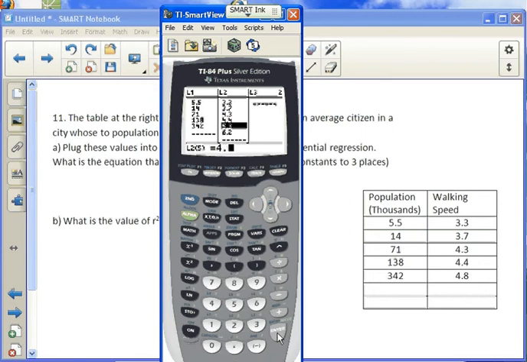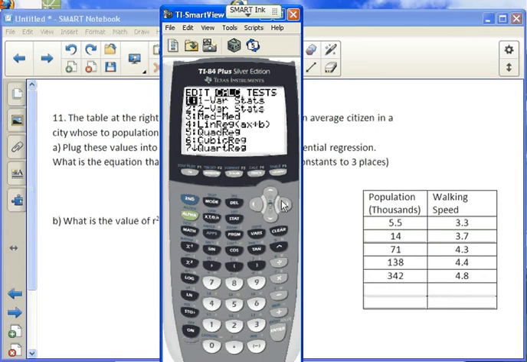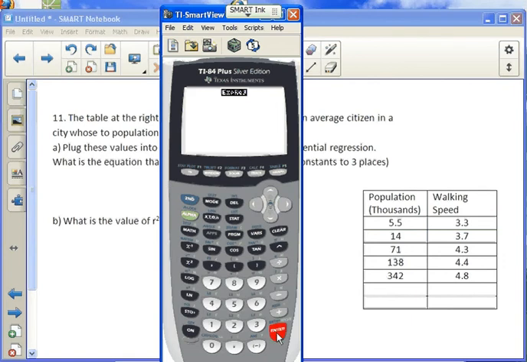And it wants me to run an exponential regression. So I go to Stat, Calc, I go down to the one that's exponential. I think it's 0 maybe. Yeah. And I don't know if we'll need it or not, but we'll plug this in for y1.